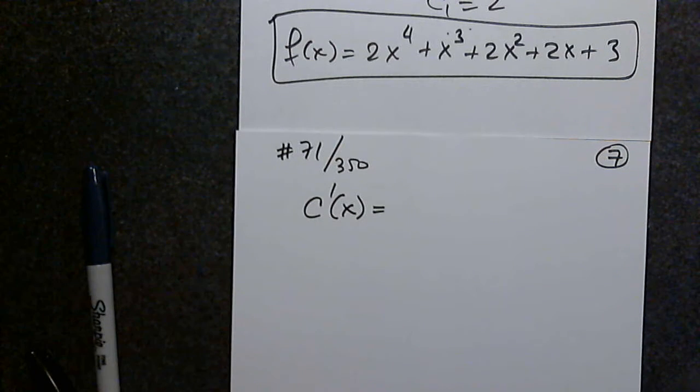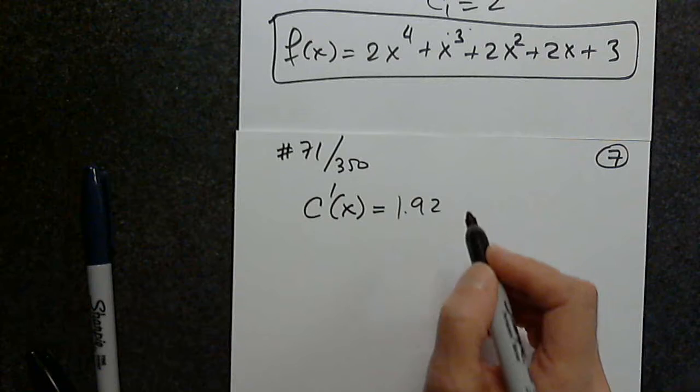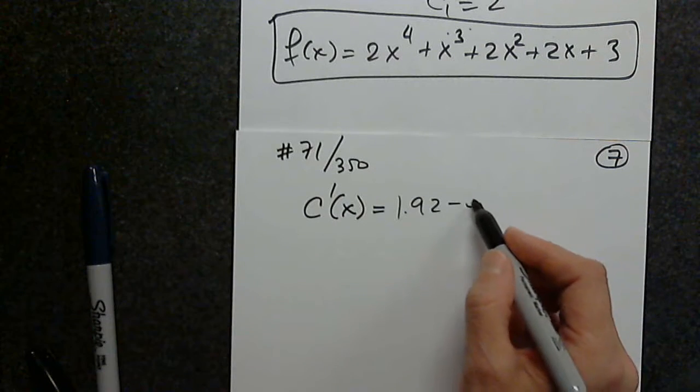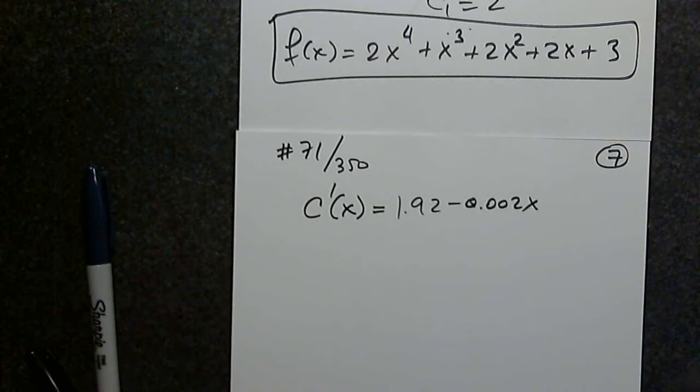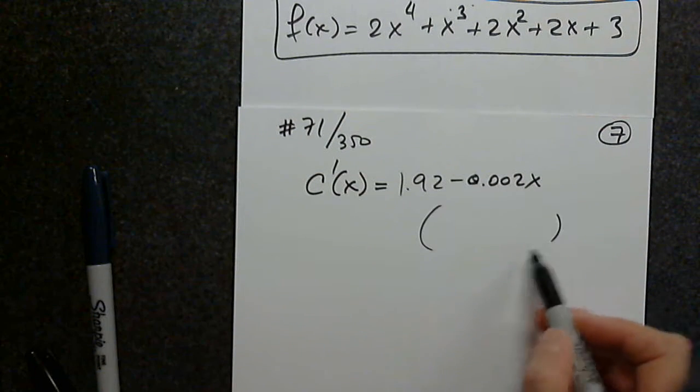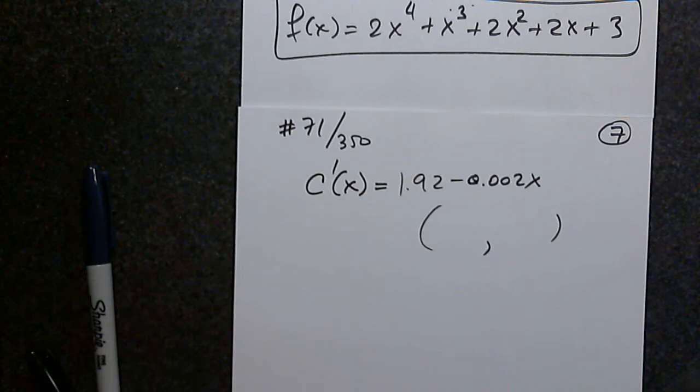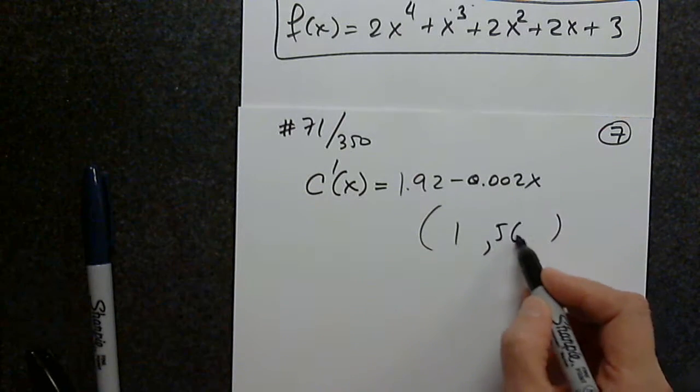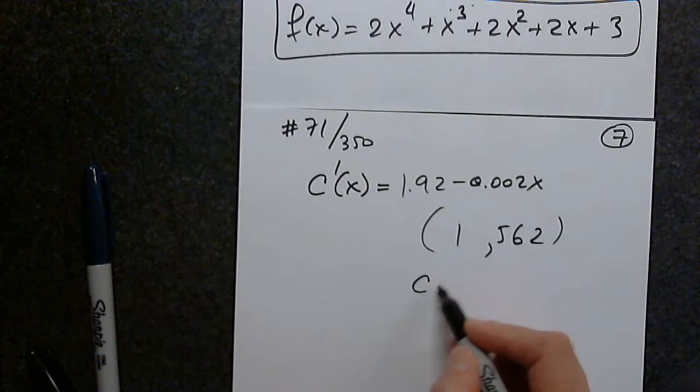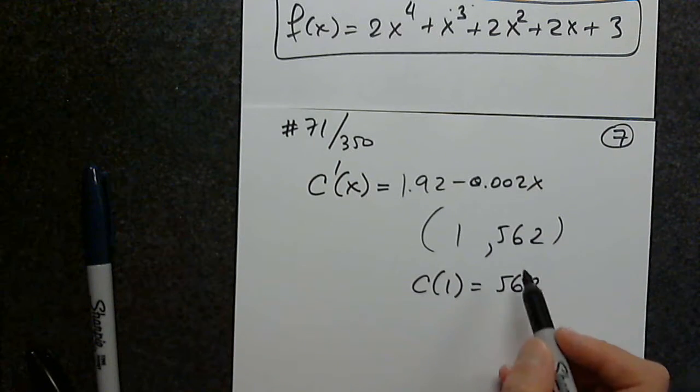So this is given to us, very easy and simple, 1.92 minus 0.002x. If the cost of producing one item is $562, what is this? Right. Yes, meaning C of 1 is $562.